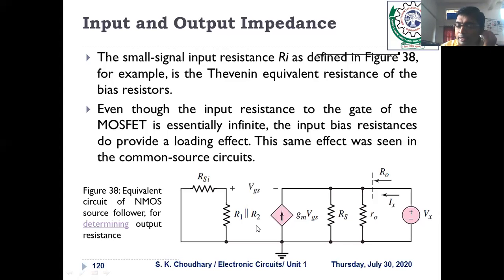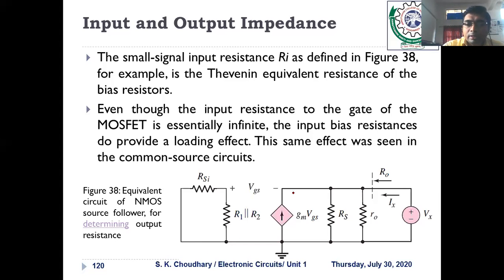So in this particular circuit, what is the procedure for finding out the output resistance? I think you are now very much familiar with how to draw the small signal equivalent circuit, and this circuit we have already seen in the last lecture when we derived the voltage gain expression for the common drain circuit.